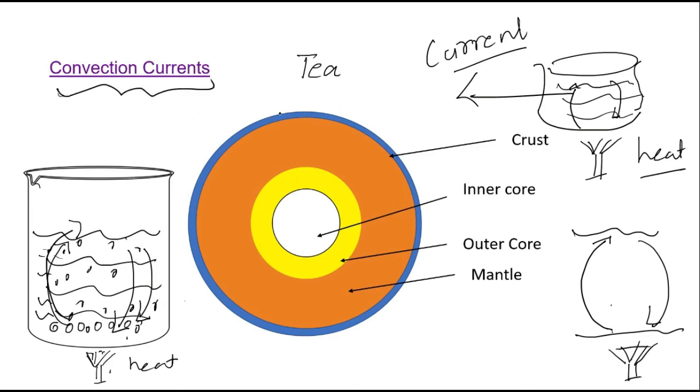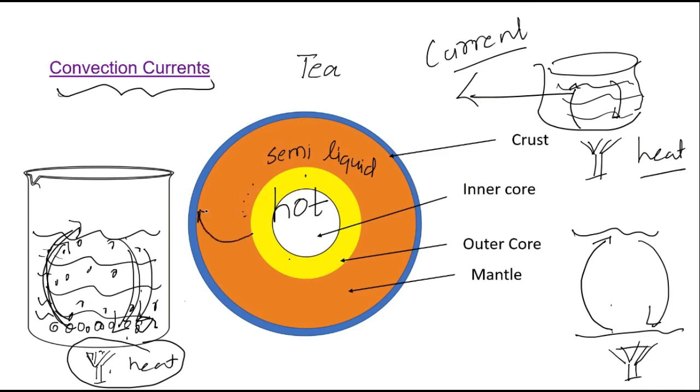Now in the case of the earth, the mantle is very hot and semi-liquid. The same thing happens here. Just as heat moves the particles upward and then downward in water, there is a movement of these particles upward, and then the surface particles come down.